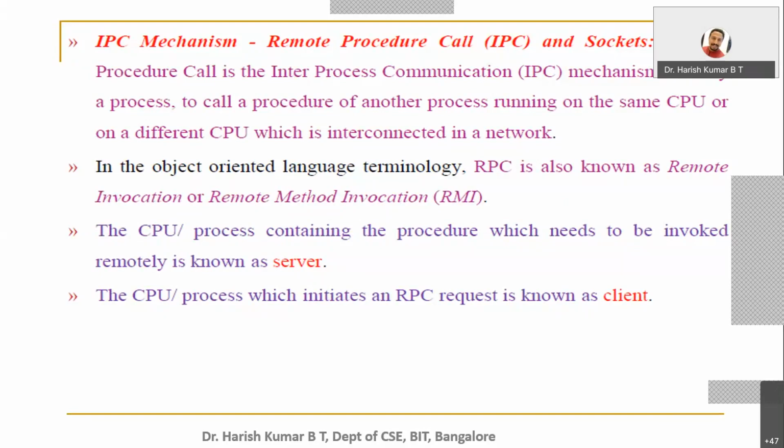Then we started discussing the second IPC mechanism, message passing. Under message passing, three techniques were there: message queues, mailbox, and signaling. Signaling is not used for exchanging data, but for controlling the execution sequence, or execution synchronization, among multiple processes.